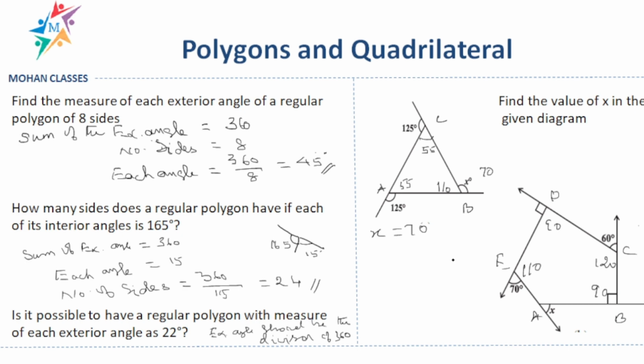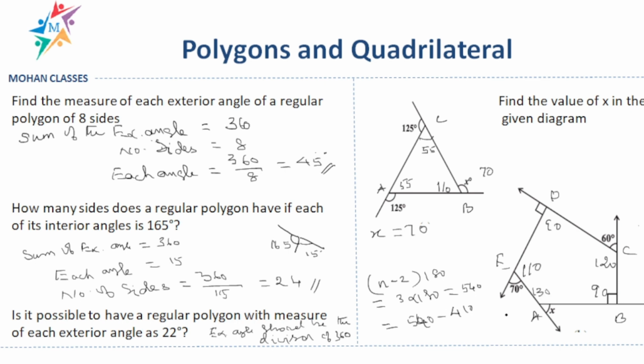How do we find the angles? The sum of the interior angles is (n minus 2) into 180 degrees, that is 5 minus 2, 3 into 180, which is 540. Add 90 plus 120 is 210, 210 plus 90 is 300, 300 plus 110 is 410. So this angle is 540 minus 410, which is 130.